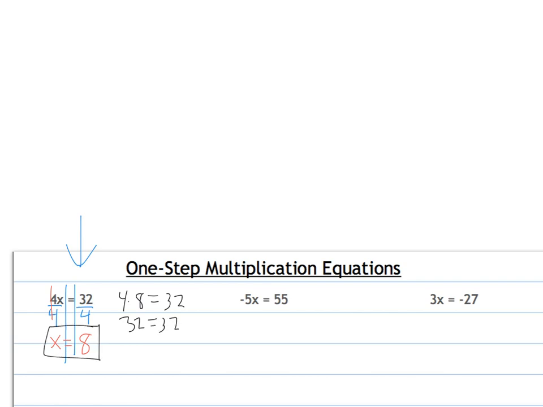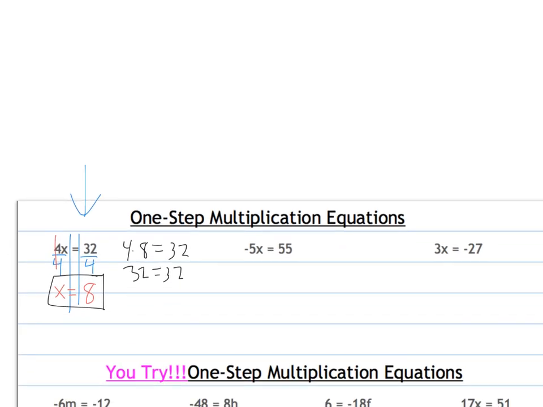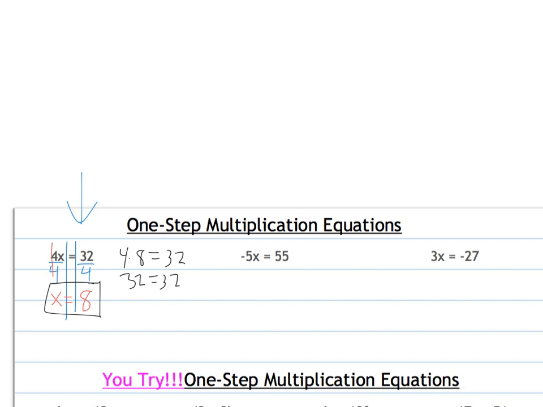And remember, I'm not often going to make a mistake in these videos because I want to show you the correct way, but keep in mind that it is possible to make mistakes, and that's why checking your solution is important. So I'm going to do my lines here. Like here might be a place where you make a mistake. So I see -5 times what number would be 55. So I divide by -5, or maybe some of you forget and you just divide by 5, say. Well, then I might get x equals 11.